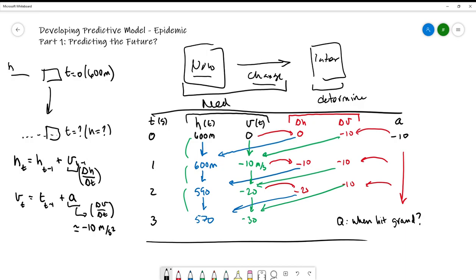And if you wanted to use this predictive model to answer that question, what you would do is you would run it out, find h at t for all t until h is less than or equal to 0. I don't know if it's ever going to be exactly equal to 0 at a discrete time interval, but when you find the one where it is negative, then it's hit the ground within the last second before that.